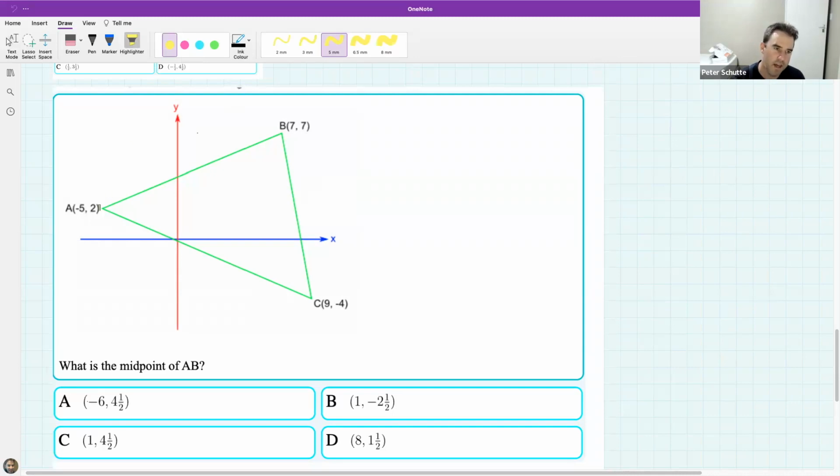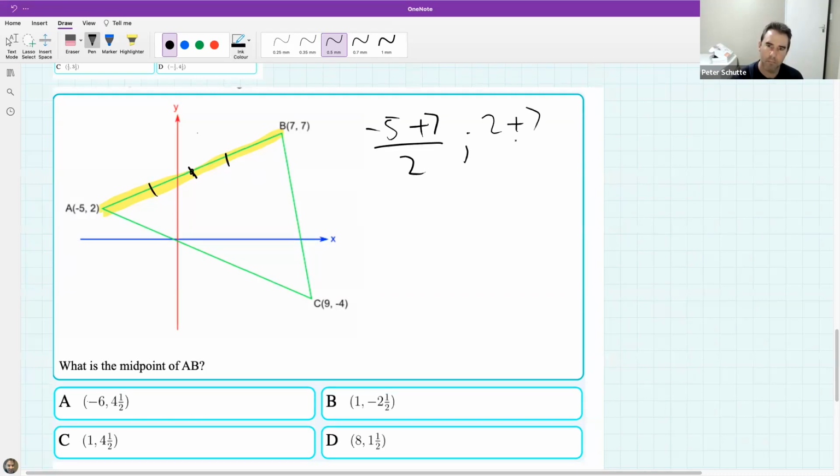So here's A and here's B. So we're looking for something over here, which is the midpoint. It cuts this in half. I think that should be the midpoint, which is going to be 2 over 2 and 9 over 2, which is 1 and 4.5.